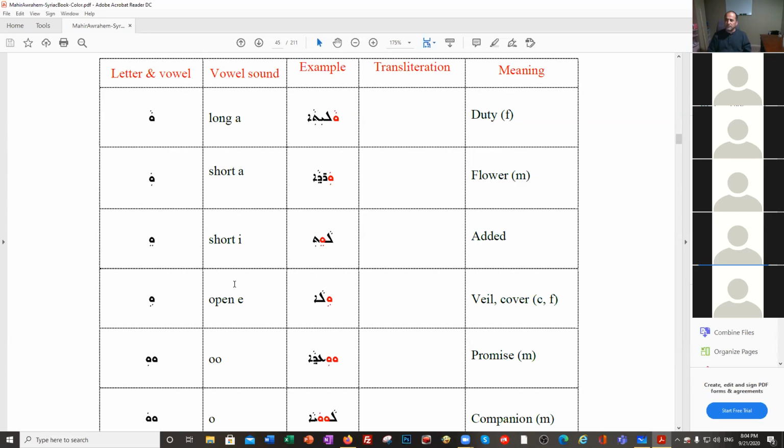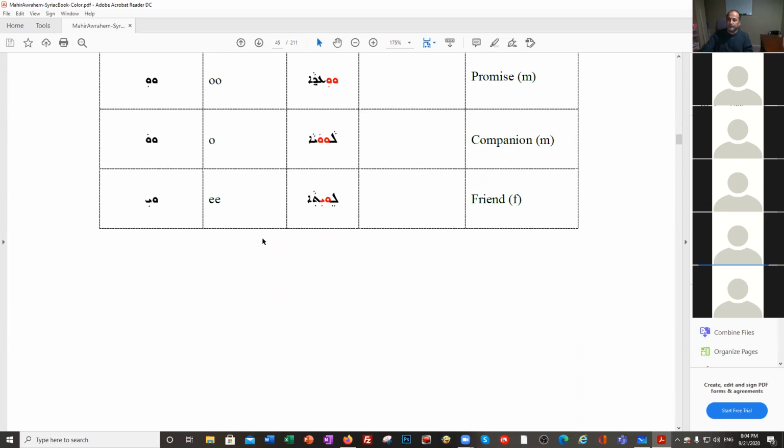You say yes, and they say this is wrong, the spelling is wrong. It should be Beth with the dot underneath. They are the same sounds. Okay, thank you.